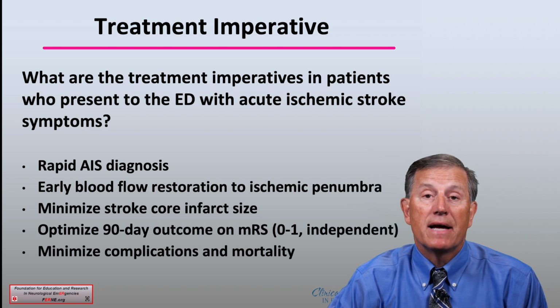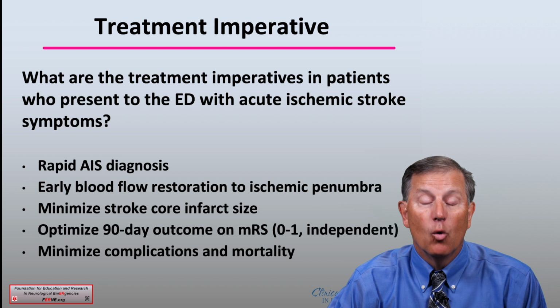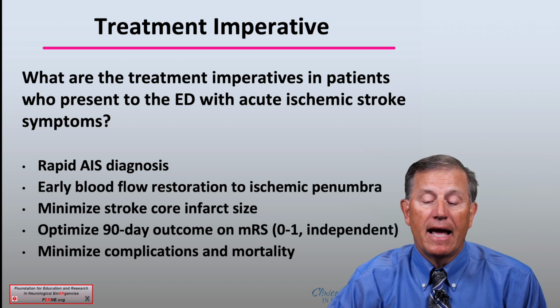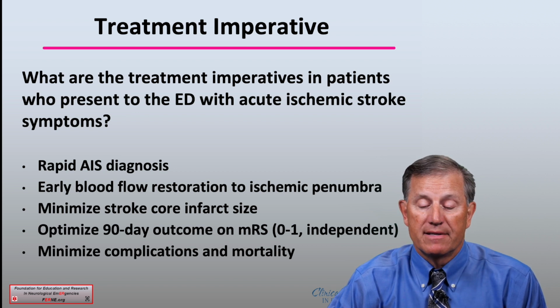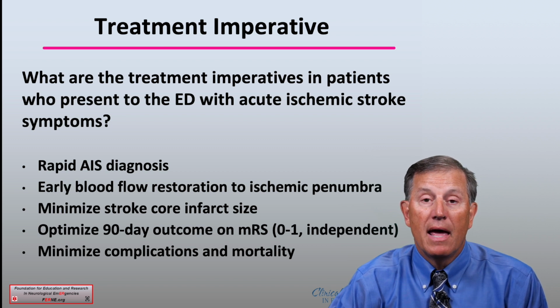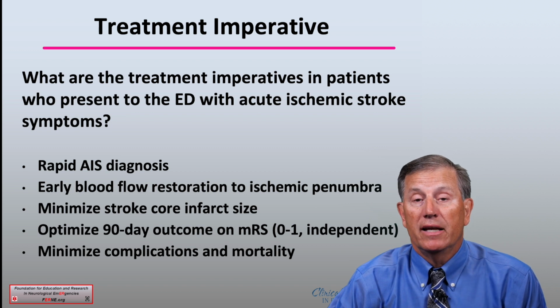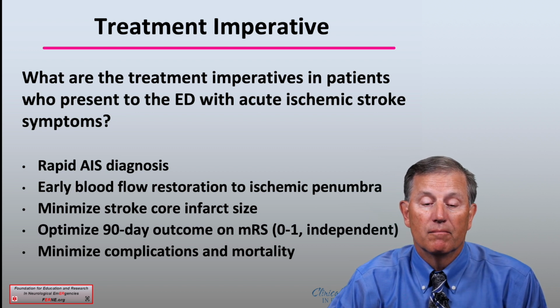We'd like to minimize the size of the stroke core infarct. We'd like to optimize our 90-day outcome on modified Rankin scale, that is patients with either 0 or 1 who are independent. And we'd like to minimize complications, morbidity, and mortality related to the stroke.